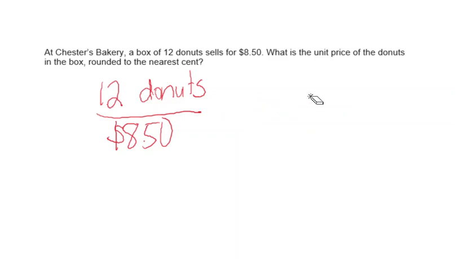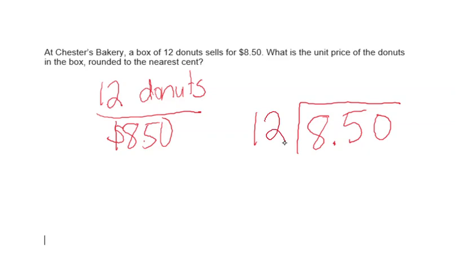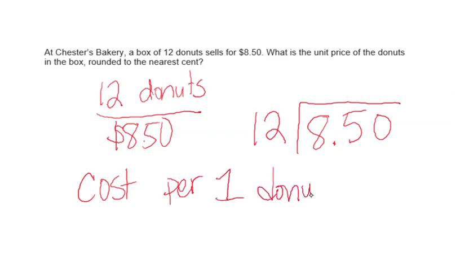Well, if we know that 12 donuts cost $8.50, then we can take $8.50 and divide by 12, and then we would have the cost per one donut. So if we say we want this top number to be 1, then we would divide by 12.